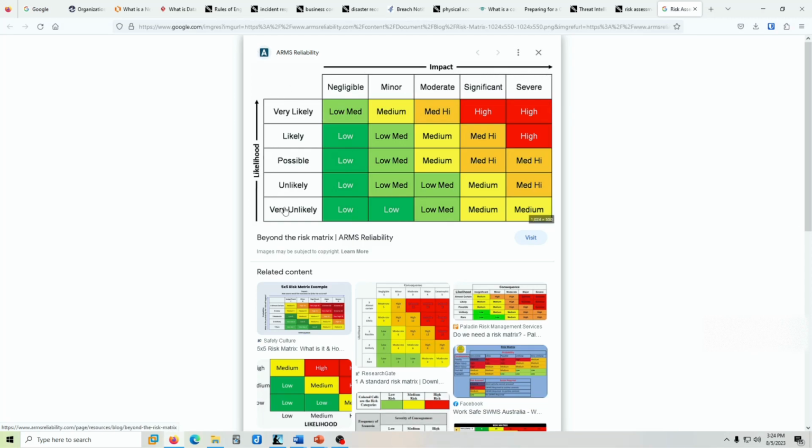So if it's very unlikely and the impact is severe, it would be considered medium. Where if it's very likely and severe, it would be high. Then you can kind of gauge there your vulnerabilities and such, and how they would impact the organization, and how you can prioritize which ones you want to button up.